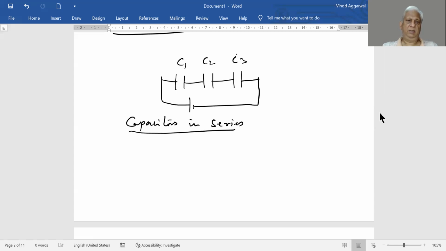Now for capacitors in series, the equivalent capacity will be given by 1 over C is 1 over C1 plus 1 over C2 plus 1 over C3 and so on and so forth. If we take the case of a resistor, it is the reverse case. In case of resistors, this formula holds good for parallel, but in case of capacitors, this holds good for capacitors in series.